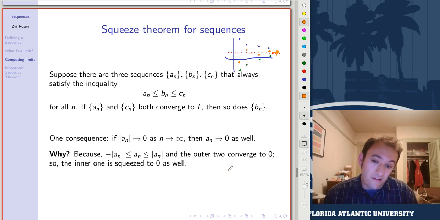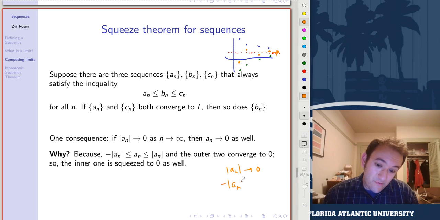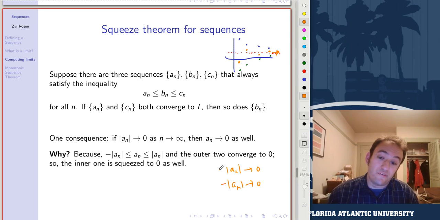We know that the absolute value of a sub n converges to 0, so just by using the limit laws, minus the absolute value of a sub n also converges to 0. So since those outer two converge to 0, the inner sequence is squeezed to 0 as well.